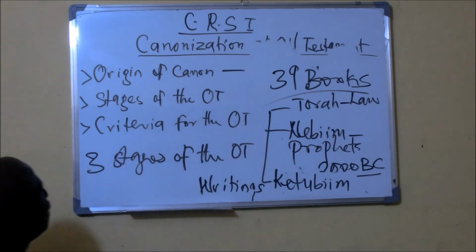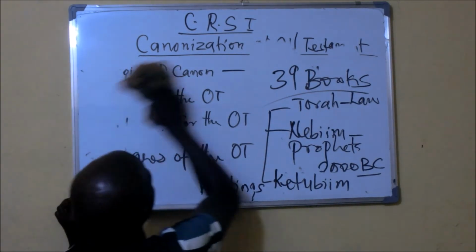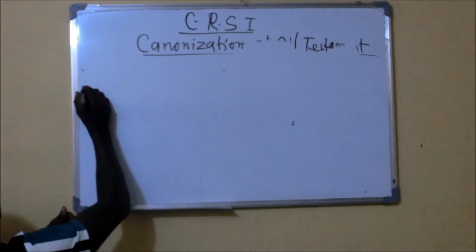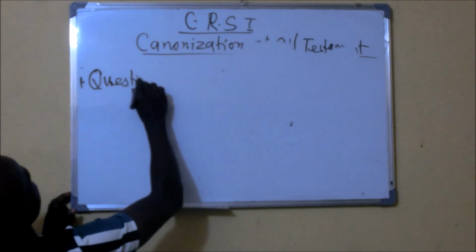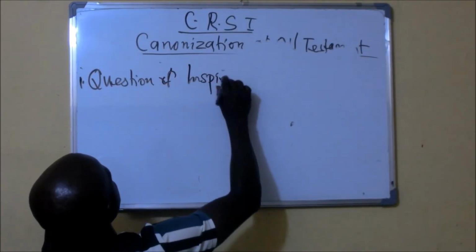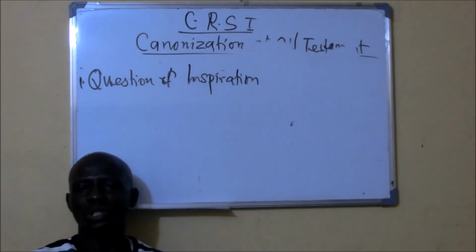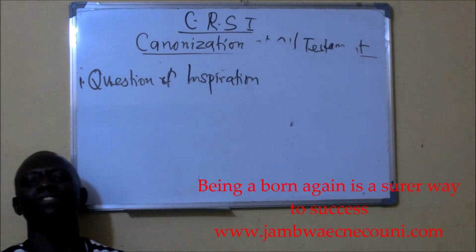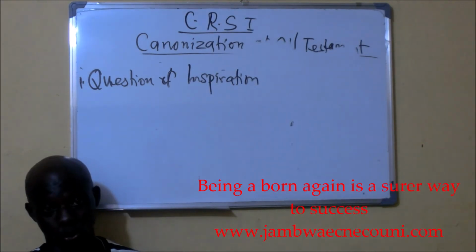Then the criteria for the Old Testament, that is the next we want to look at. The first is the question of inspiration. As we said, inspiration was given to the authors of the Bible by God.